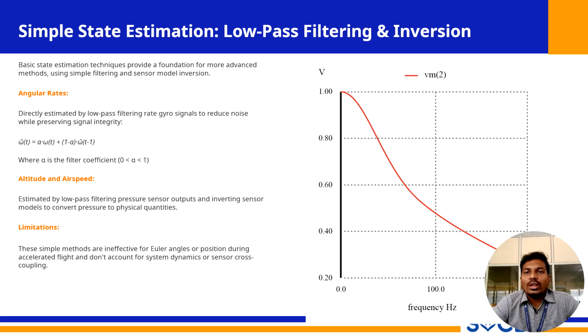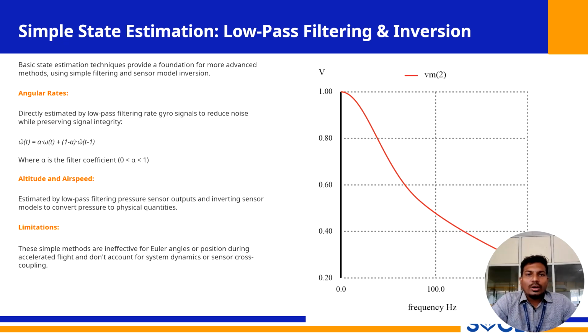A low-pass filter is an algorithm that smooths out a signal by reducing high-frequency fluctuations, which are typically caused by sensor noise or vibration. The graph on the slide shows the frequency response of such filters, illustrating how it allows low-frequency signals to pass through while attenuating high-frequency noise.